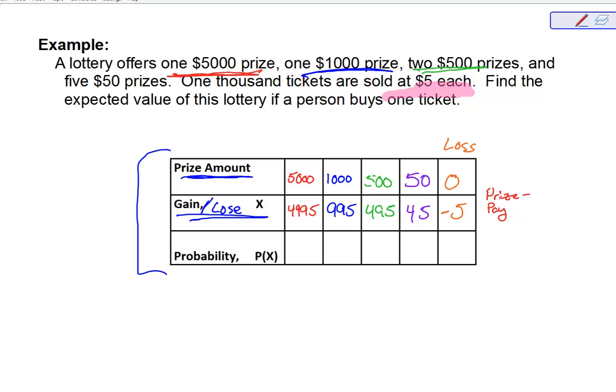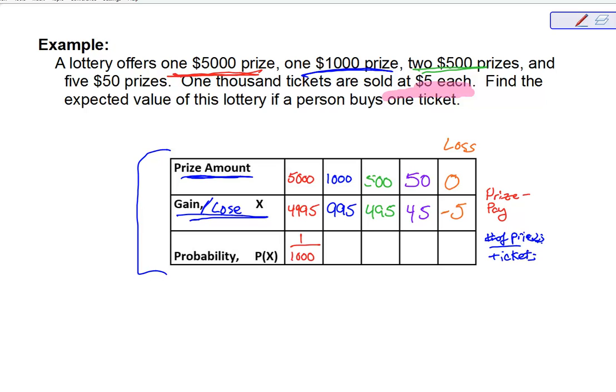Now then, the probability row is number of prizes divided by the tickets. So how many $5,000 prizes were there? There was one $5,000 prize. And how many were sold? Well, there were 1,000 tickets sold. So that is the probability of getting that $5,000 prize.